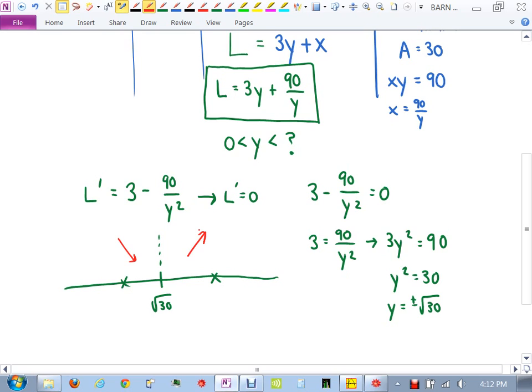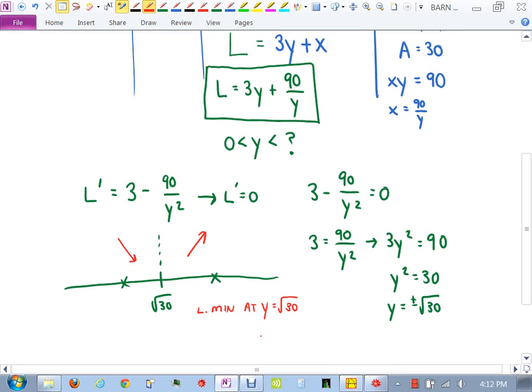Yep, 5 and 6 would work. And where are you plugging those into? Derivative. So that tells you you have a local minimum at y equals the square root of 30, which means that's where you're going to have the least amount of fence.